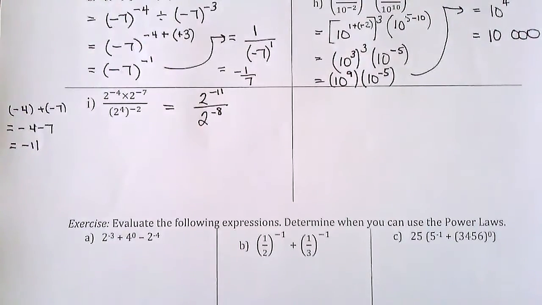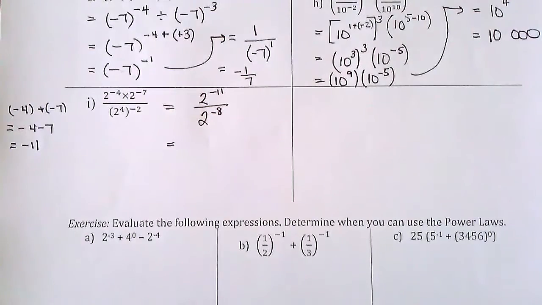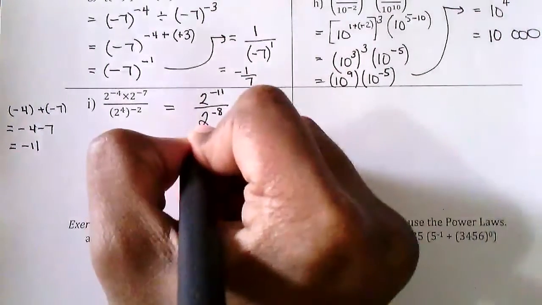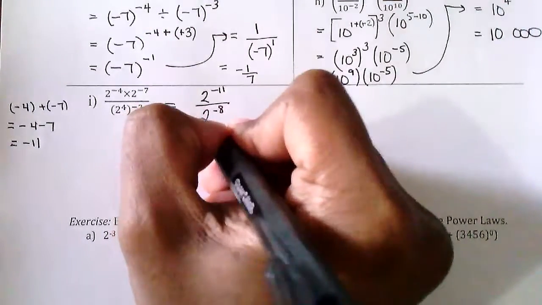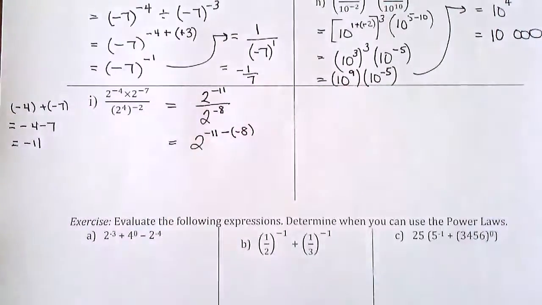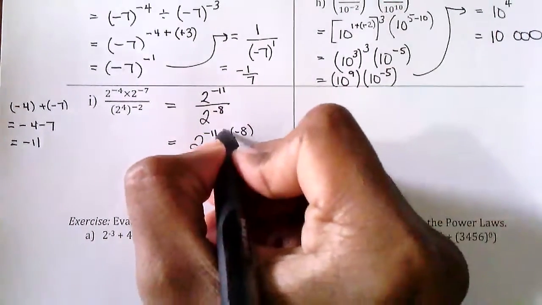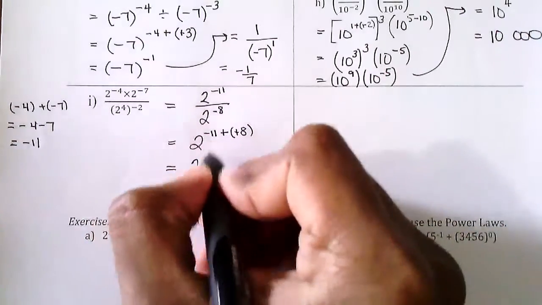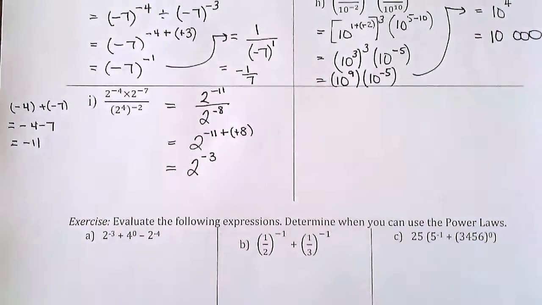I still don't have a single power, so I'm going to keep going. Here, I have a division of powers, so I'm going to copy the base again, but I'm going to subtract the exponents. So -11 minus, the minus takes care of the division, -8. So here, minus and minus become plus. So I have 2 to the power of -11 plus 8, which is just -3.